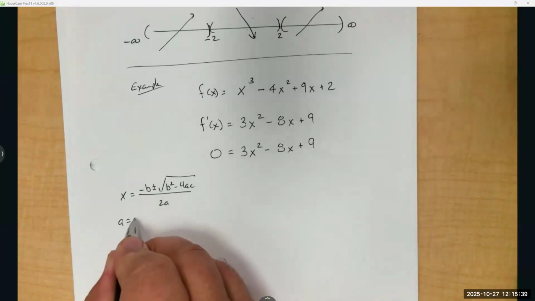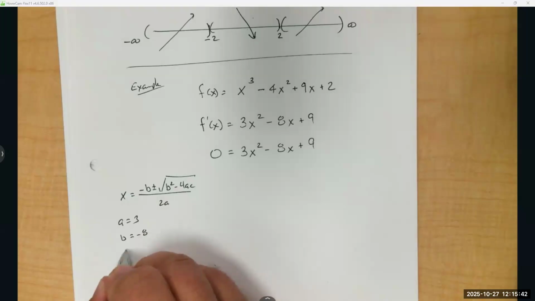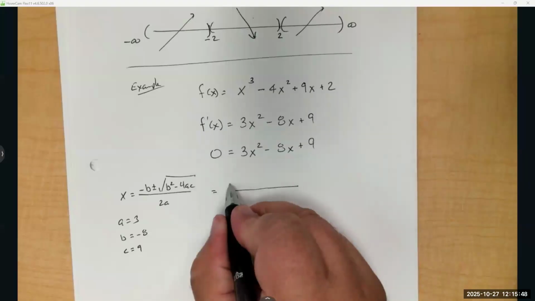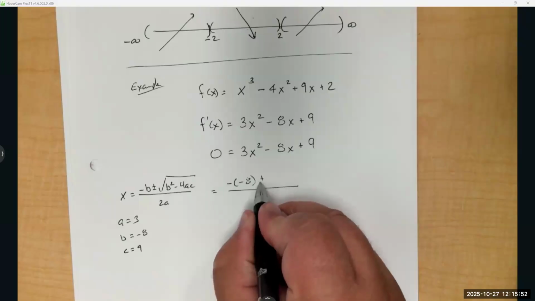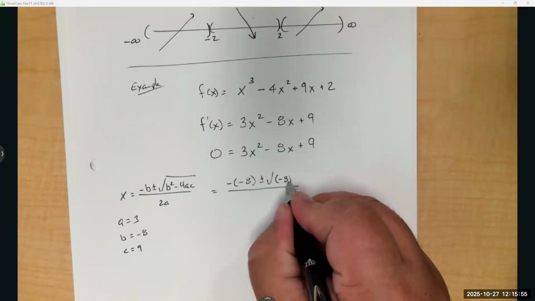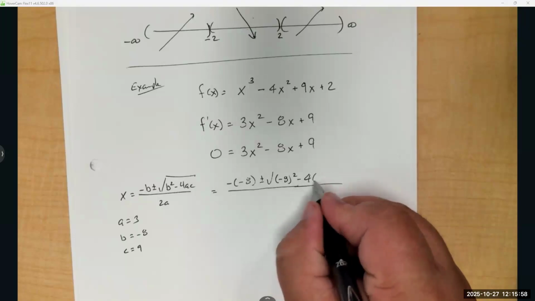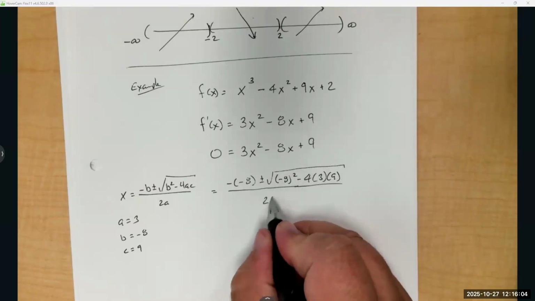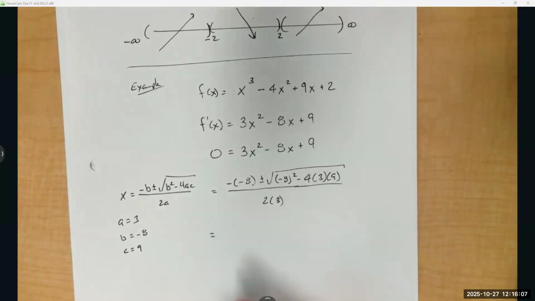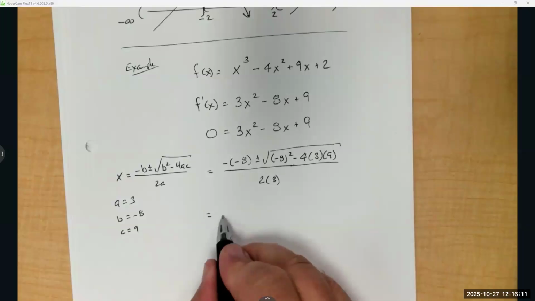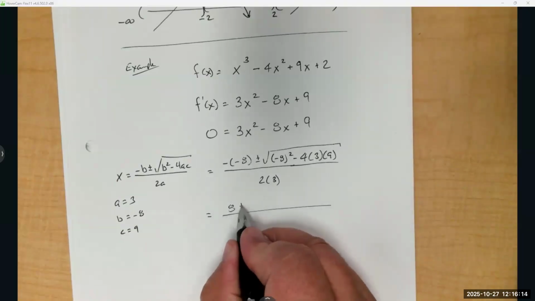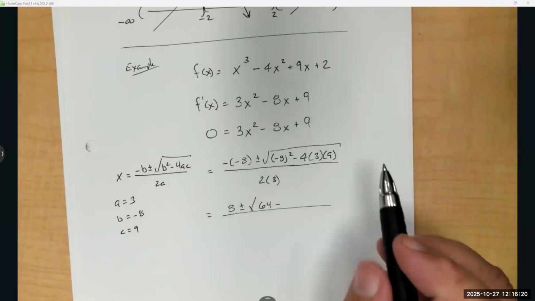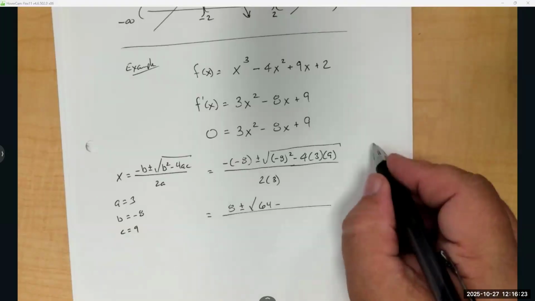So A is 3, B is -8, C is 9. So negative of -8, which is 8, plus or minus the square root of -8 squared, which is 64, minus 4 times 3 times 9, which is 12 times 9.